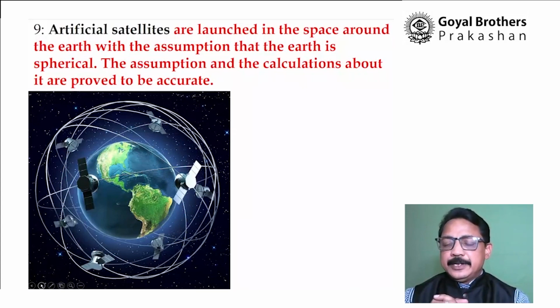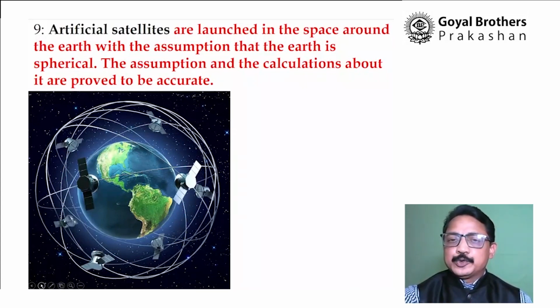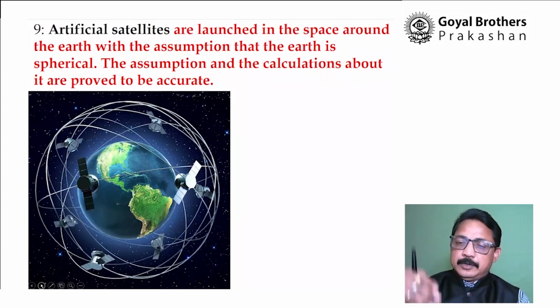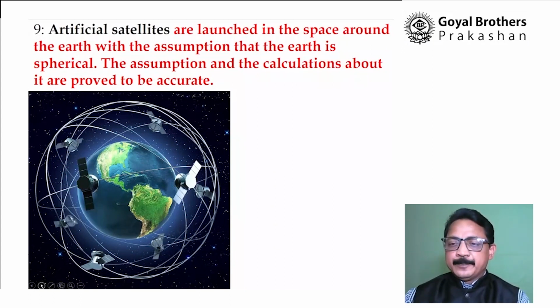So in this way, dear student, we can give so many examples about the spherical shape of the earth. You can also think about one more point. If possible, go to the top of your building, wherever you are living, or go to a very open place and look at the extreme end right in front of you.